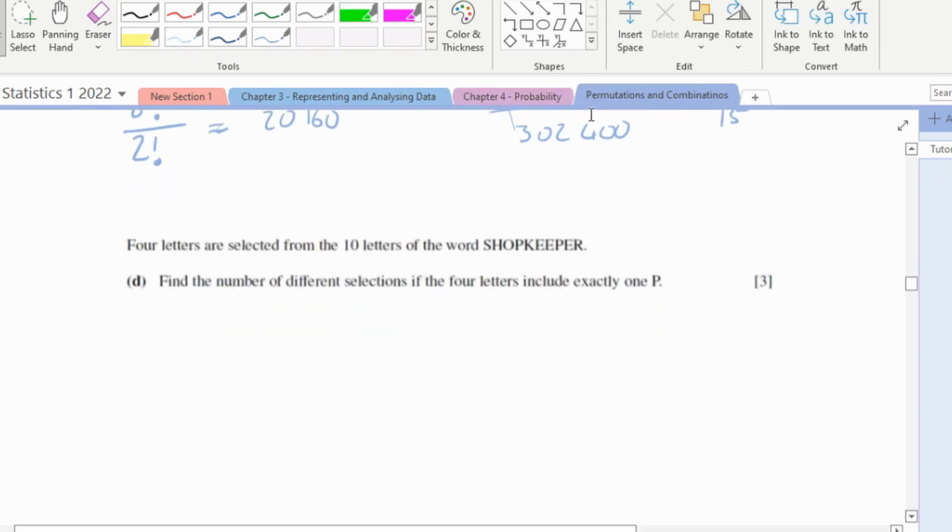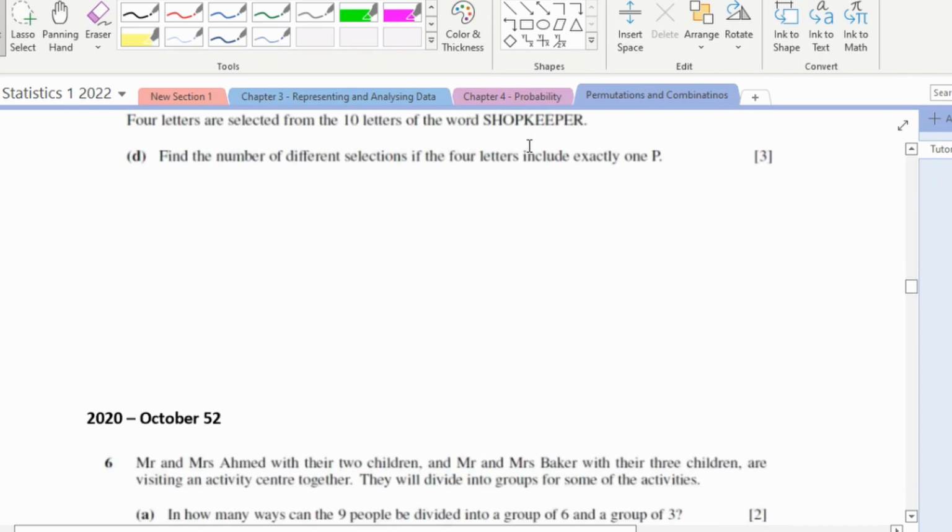Okay, so next one. 4 letters are selected from the 10 letters of the word shopkeeper, and we've got to find the number of different selections if the 4 letters include exactly 1 P. So what you need to think about here, we're getting rid of one of the P's, because we only have 1 P. But the problem is we've got these extra E's here, don't we?